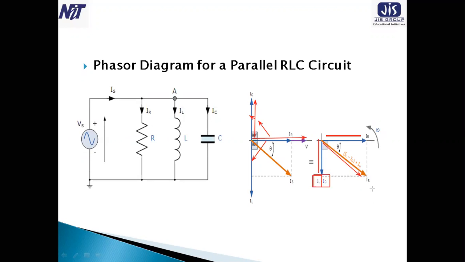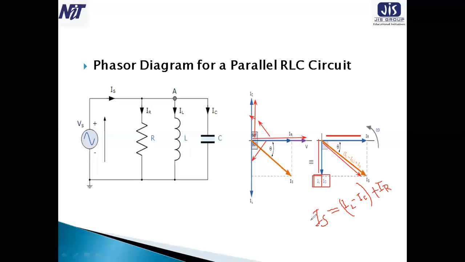From the phasor diagram, we can easily understand that the value of IS, the supply current, is the vector sum of IL minus IC and IR.